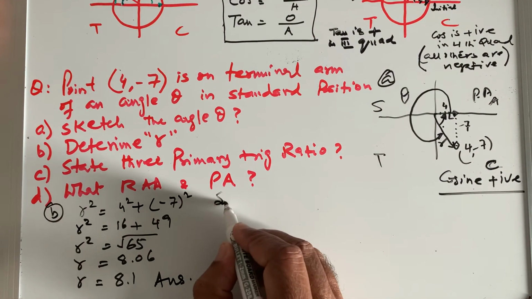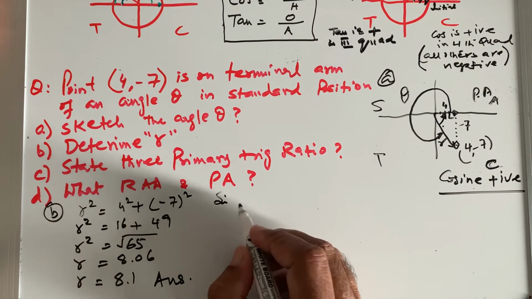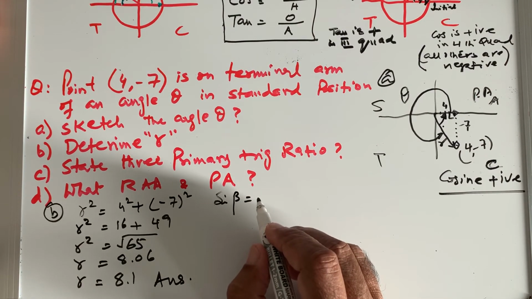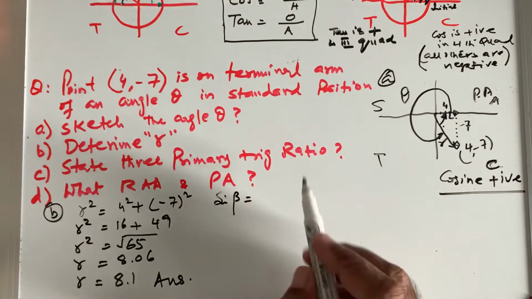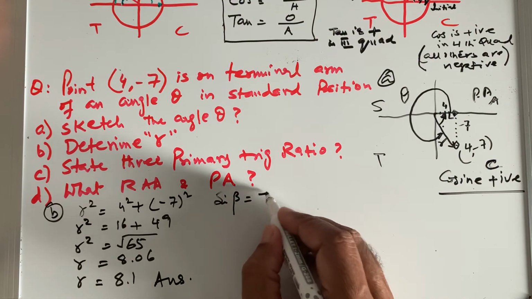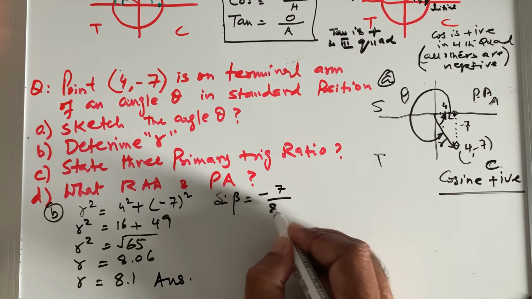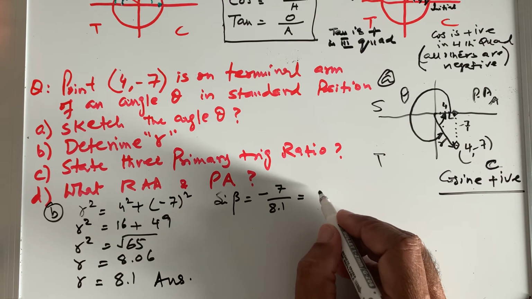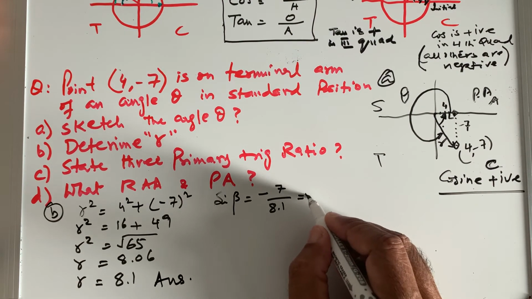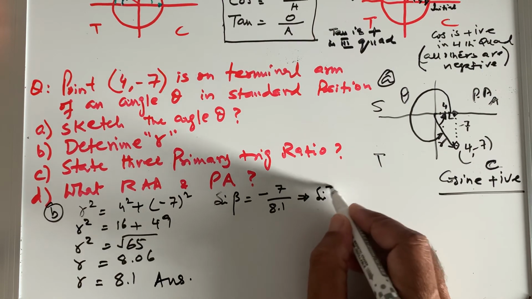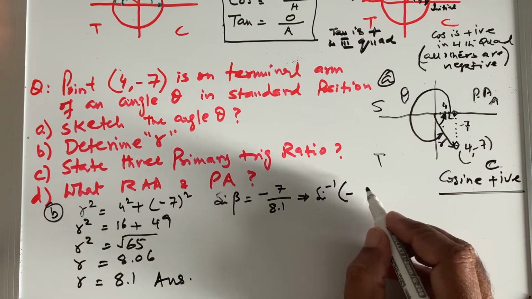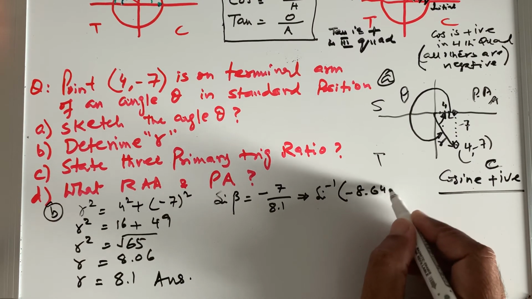So sine beta is equal to, what is sine? Opposite over hypotenuse. What is opposite here? Minus 7 over 8.1. If I calculate this, it will be the sine inverse of minus 0.86419.